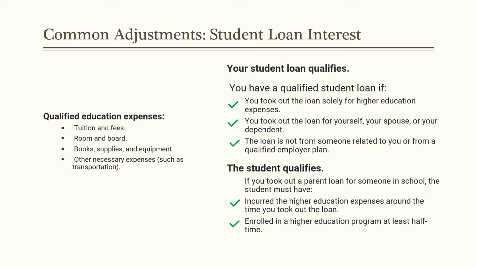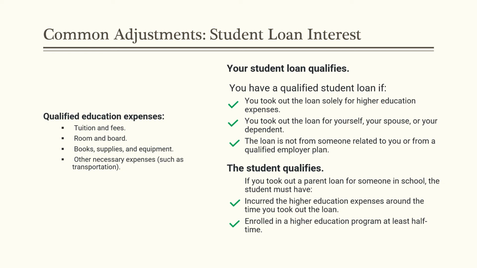And your student loan interest will be qualified if your loan qualifies. Your loan will be qualified if you took out the loan solely for higher education expenses, if you took out the loan for yourself, your spouse, or your dependent, and the loan is not from someone related to you or from a qualified employer plan.